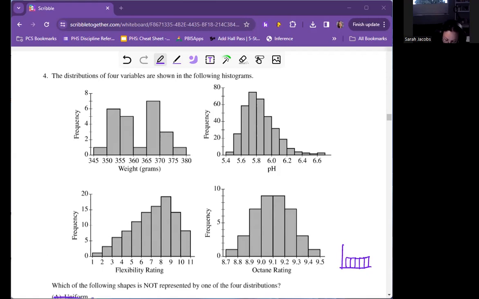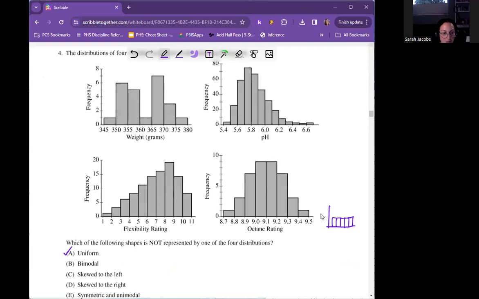Which of the following shapes is not represented? It's probably this one. Let's just double check that the rest of them are there. Okay, cool. So bimodal, this looks pretty bimodal. It's got two distinct peaks. Skewed to the left, we've got our tail area here on the left, so we have a representation of skewed to the left.